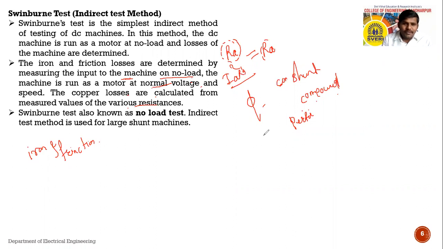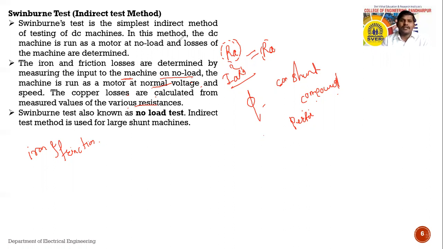In the Swinburne test, which is the indirect method of testing and is also called the no load test, we perform the test on a machine whose flux remains constant, that is phi is constant.